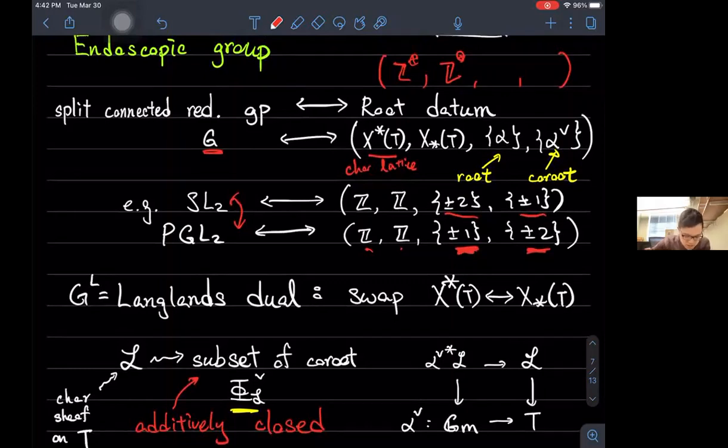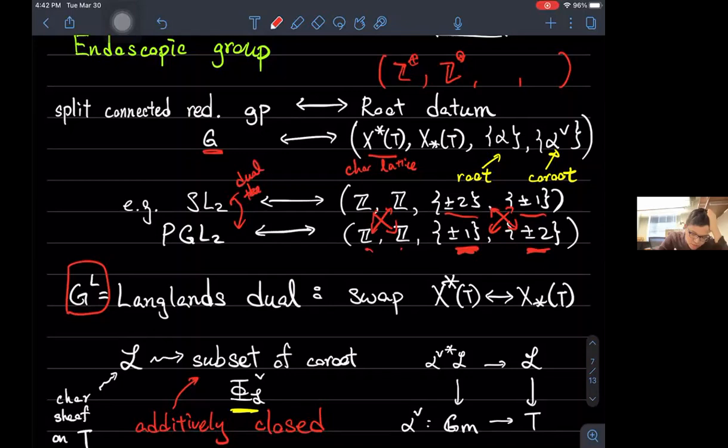And Langlands had the insight of taking the Langlands dual of a reductive group. Namely, if you swap these two data, the character lattice and cocharacter lattice, root and coroot, then they still represent a split connected reductive group. And this is the so-called Langlands dual group. For example, SL2 and PGL2 are dual to each other.